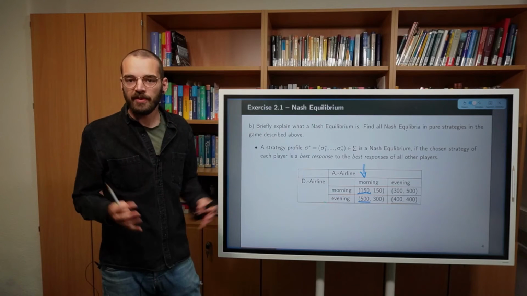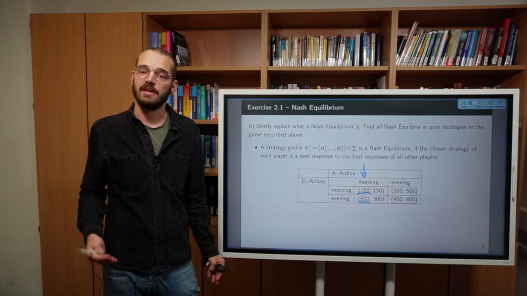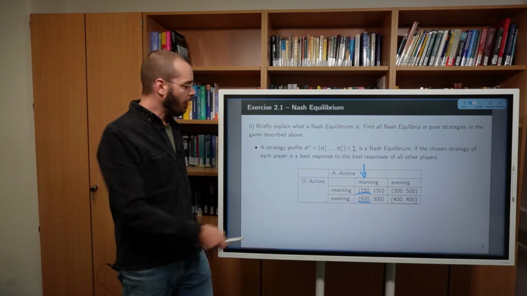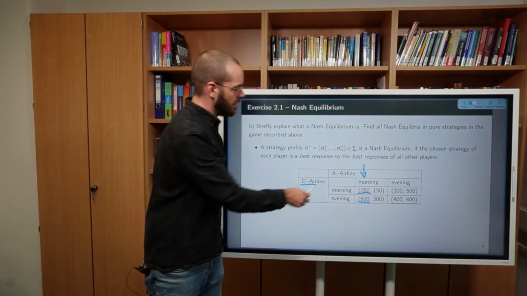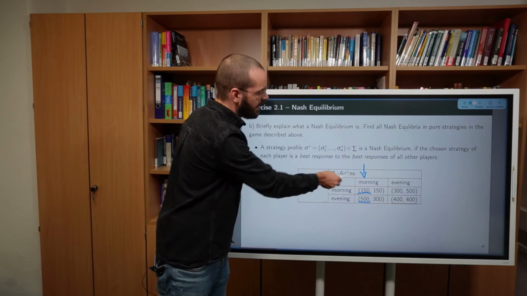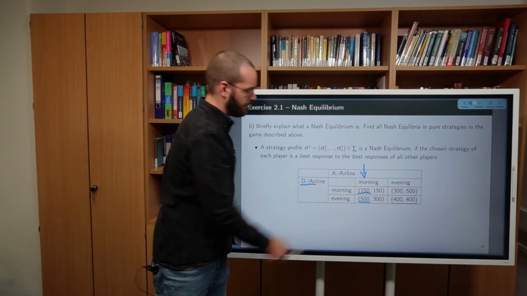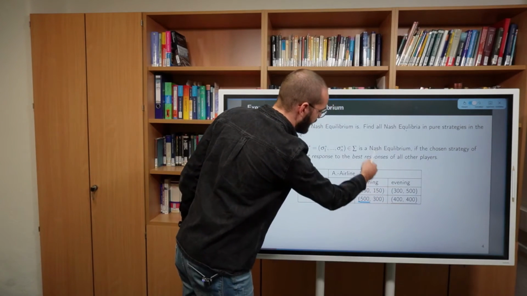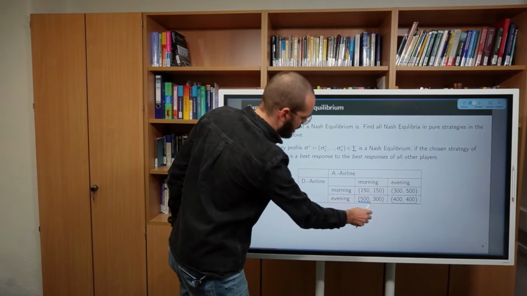It's hopefully quite obvious to see that 500 is larger than 150. So the best answer of the D airline to the strategy morning played by A airline is to choose evening, right? So let's underline evening.